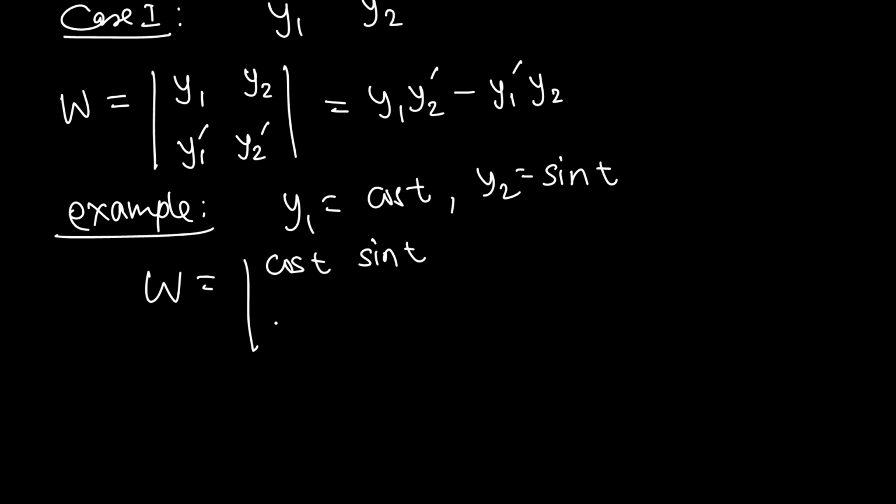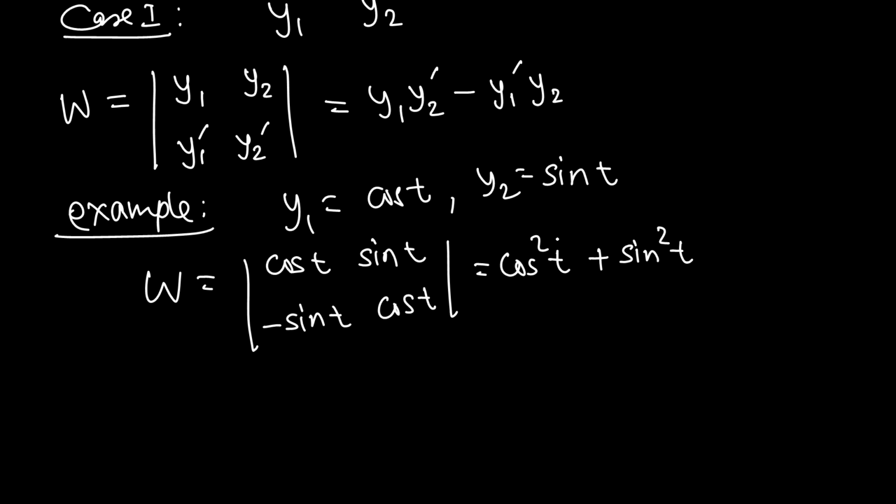The derivative of cosine is negative sine, and the derivative of sine is cosine. Now let's multiply. This is cosine times cosine, cosine square, minus this way is negative sine square, and minus negative sine square means plus sine square t, and cosine square plus sine square is 1.